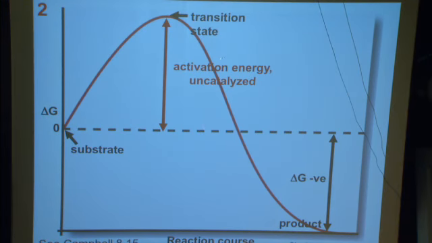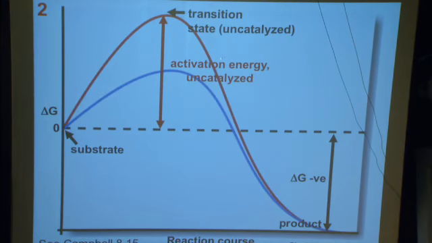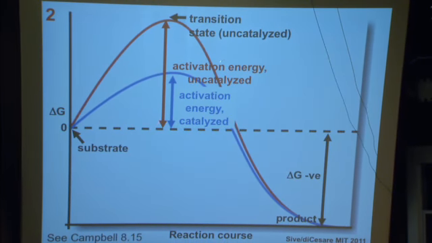In an uncatalyzed reaction or a catalyzed reaction, you have to go through this high energy state. So here is a catalyzed reaction that I've put on as blue, the uncatalyzed as red, and you can see what happens to the little hill that has to be climbed before the reaction can proceed.